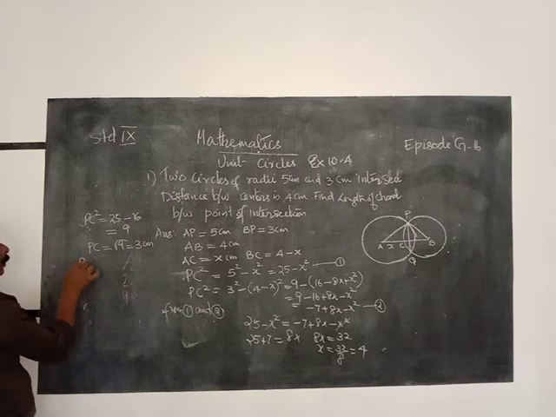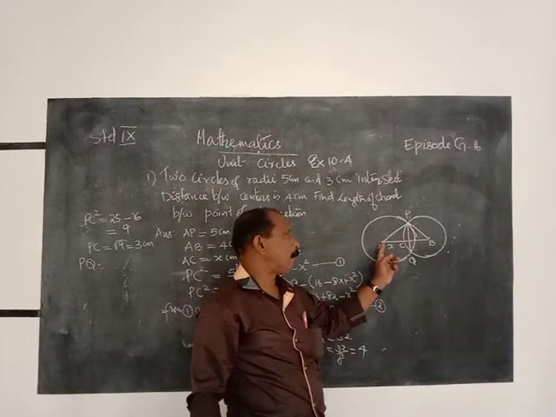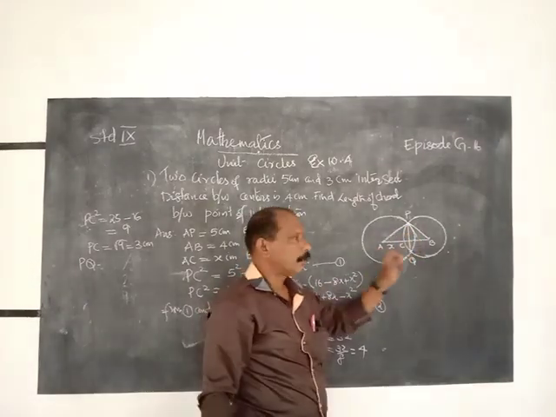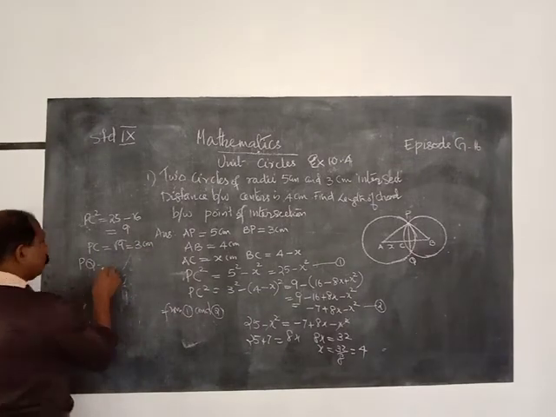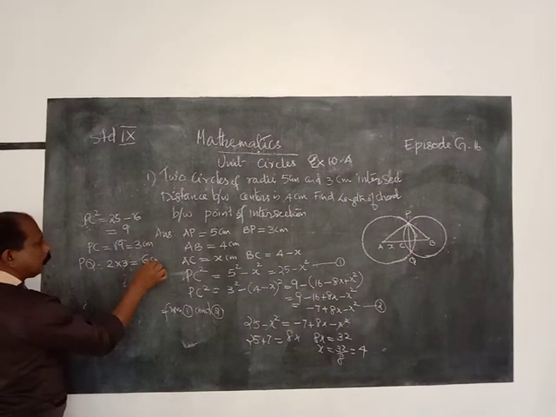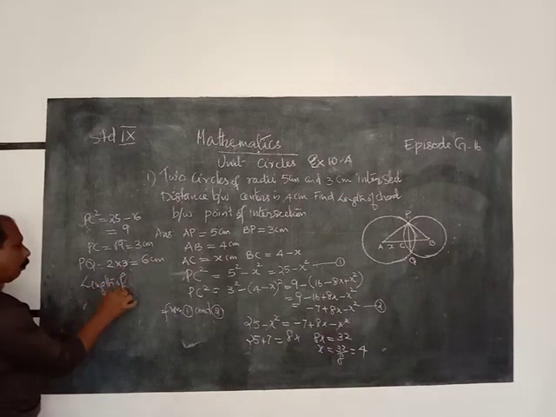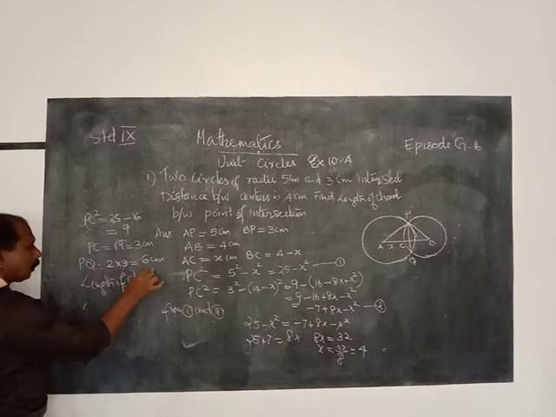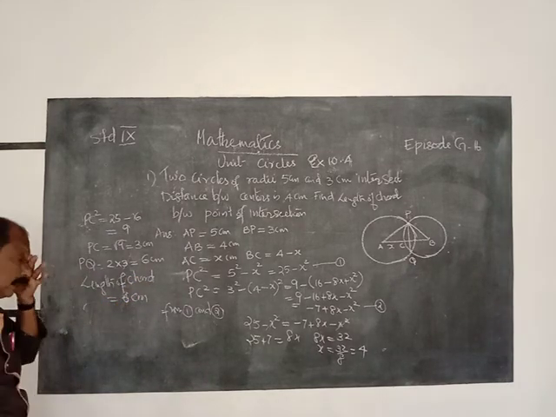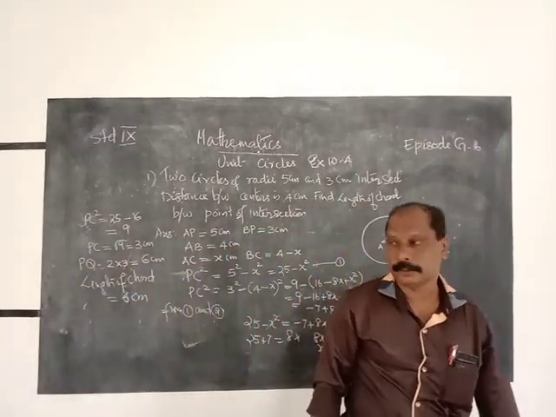Therefore, since the perpendicular from the center to a chord bisects the chord, these two lengths are equal. Therefore, PQ is equal to 2 into 3, which is 6 centimeters. That is, the length of the chord is 6 centimeters. That means it is also the same as the diameter of the second circle.